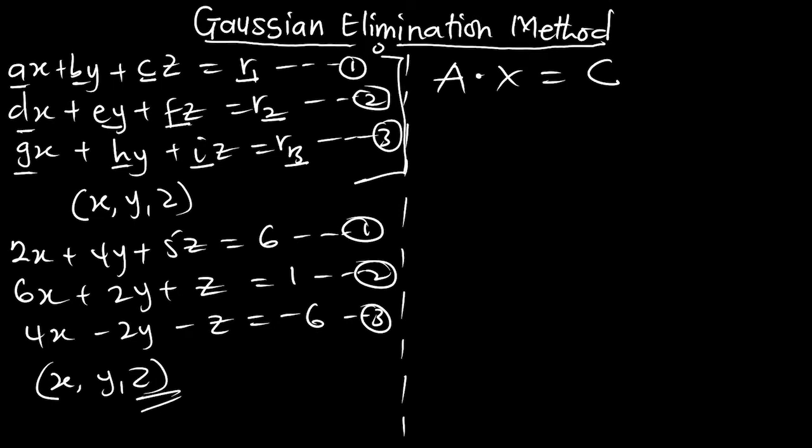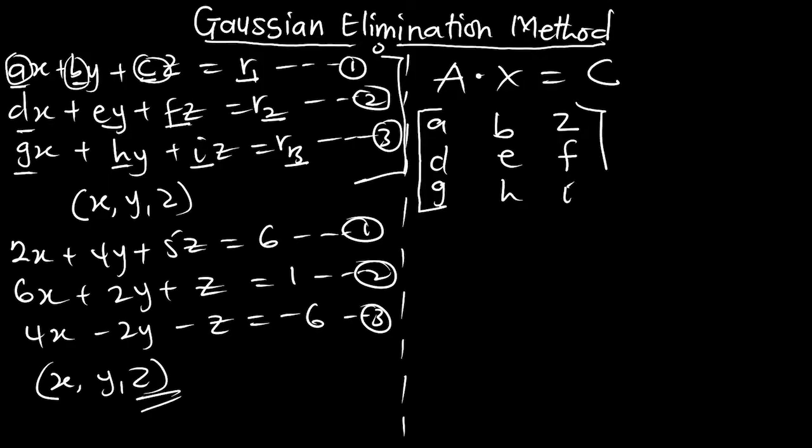So the A part represents the matrix here, and when you are writing the matrix, you are going to write the A, the B part, and the C part for the Z. The same thing for equation 2, that will be D, E, F, and for equation 3, we are going to get G, H, I. And the x here is going to represent the unknown variables, and this is for our x, y, and z.